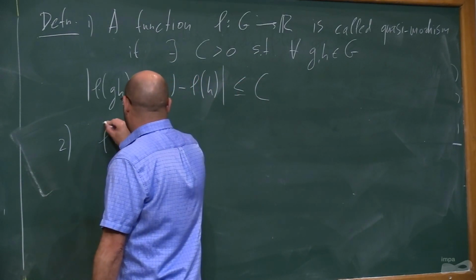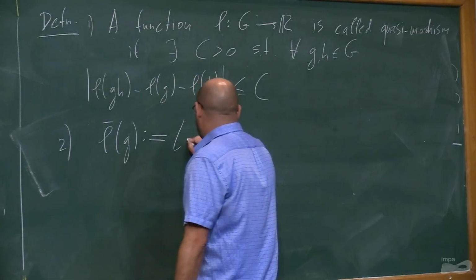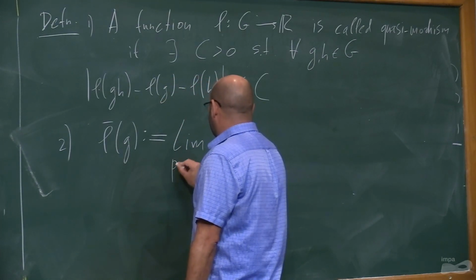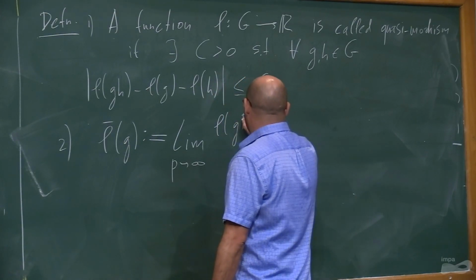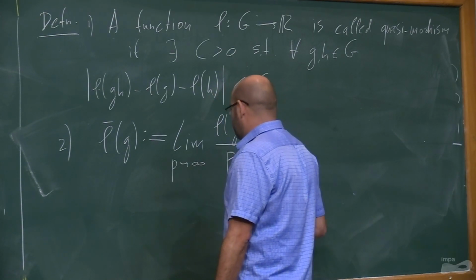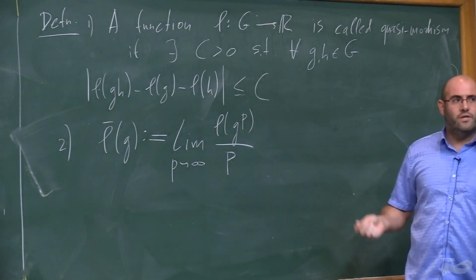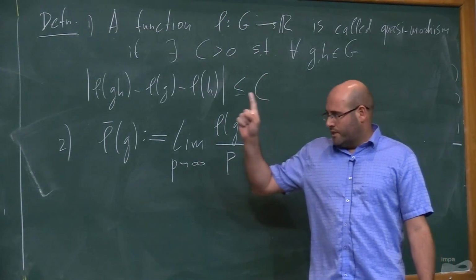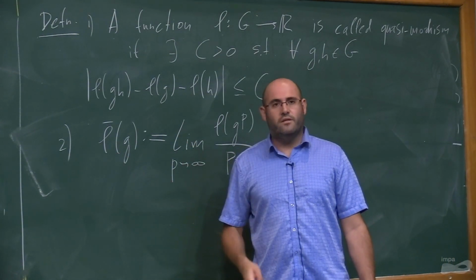So psi bar applied to g, this is just a definition. It's the limit when p goes to infinity of psi(g to the power p) divided by p. So again, if you're bored, you can check that this limit exists. First statement, that the limit exists. Second statement, that this limit is a quasimorphism, but other statements are more important.